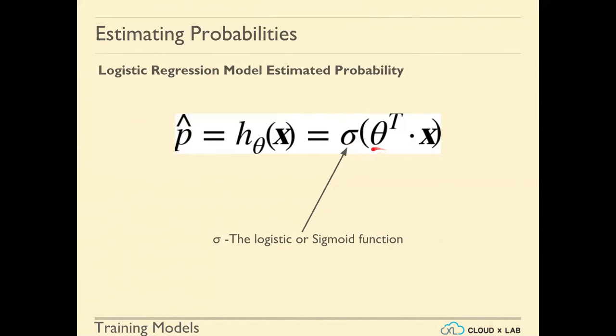So instead of returning an arbitrary value, the hypothesis function returns a decimal number between 0 and 1, inclusive.